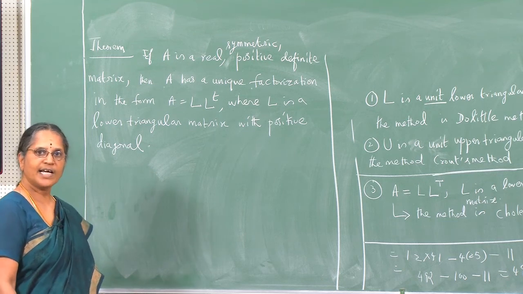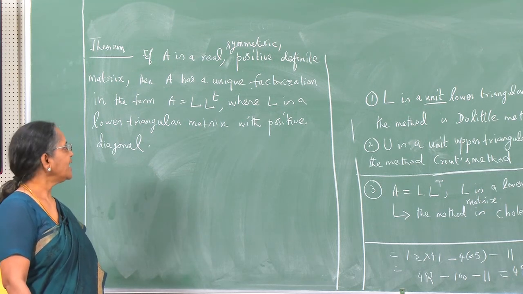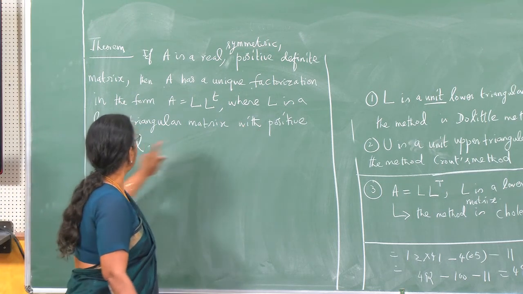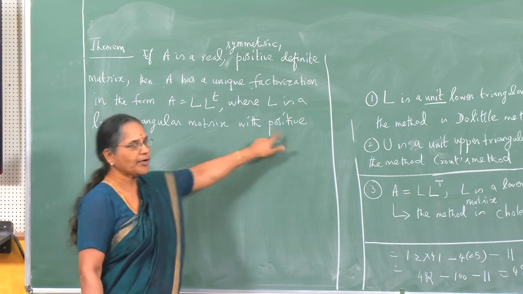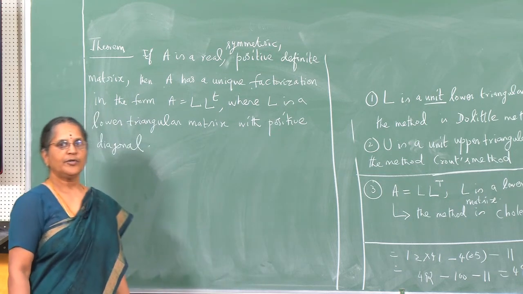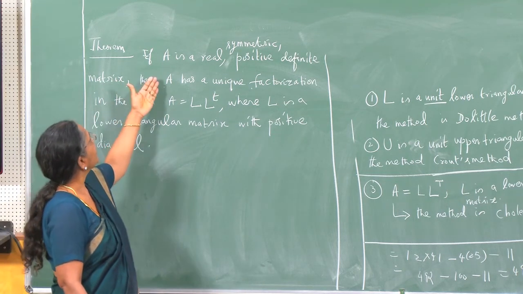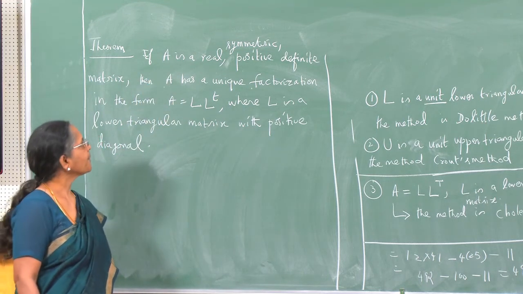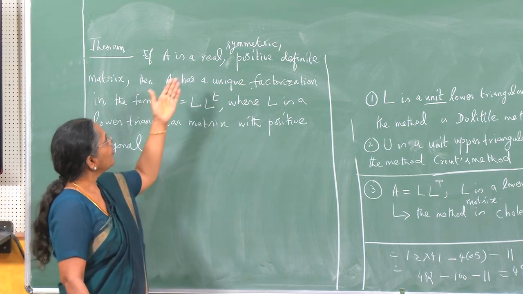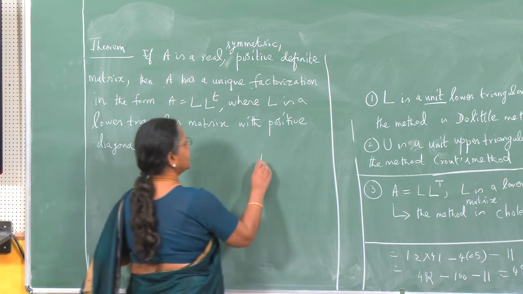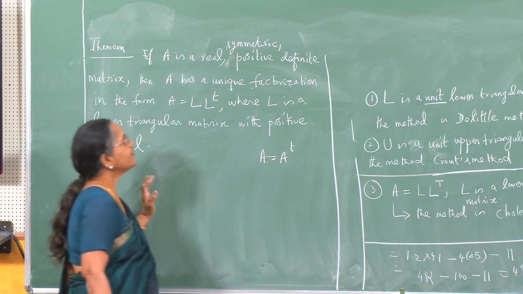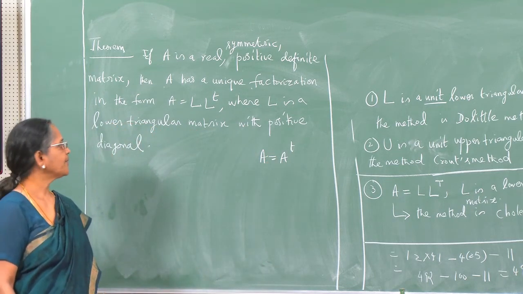L is a lower triangular matrix, and it has the property that the diagonal elements in L are positive. So, we understand when we are given that A is a real matrix, so all its entries are real. And what do you mean by A is a symmetric matrix? A must be equal to A transpose, then it is a symmetric matrix.